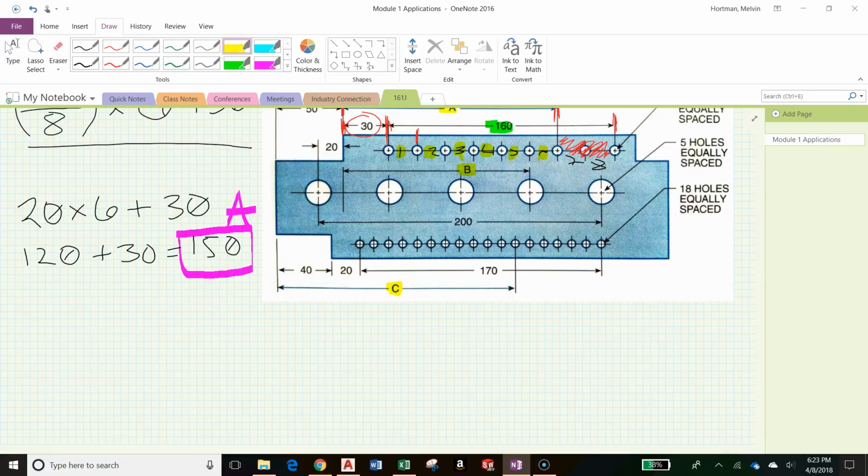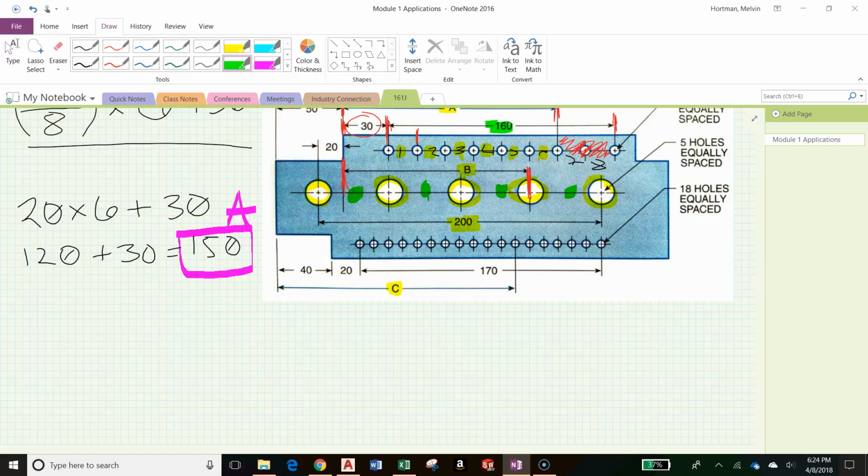So then let's do the second one, which is B. With B here, we have 200 right here, which is the total distance between all of these big holes here. And we want to find this partial distance here, which is from right here to right here. So how we do that is first we find the spacing, which we have 1, 2, 3, 4 total spacings.